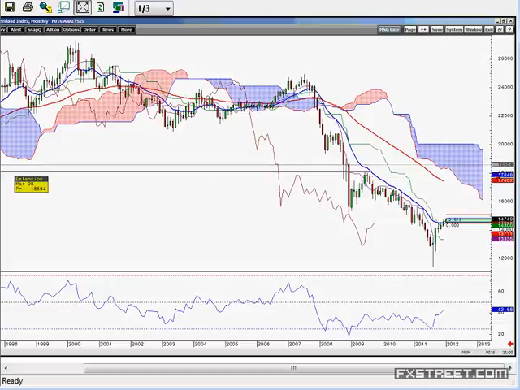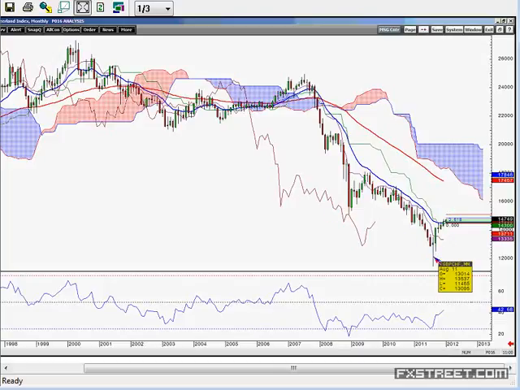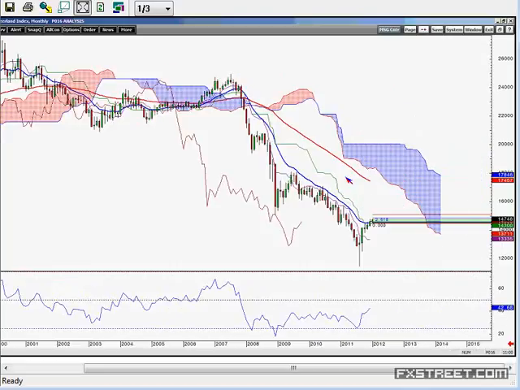I know you can't just purely trade off long-term views, as we said earlier, but it can give you the bias. At some point, this is going to turn, obviously, because nothing goes in one direction forever. But I think it's going to make either an ABC up towards this level, up towards 180, or it's going to move directly towards 180, then move down because you're going to have cloud resistance.